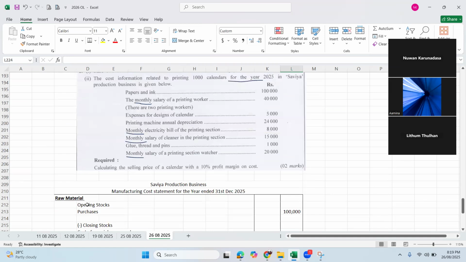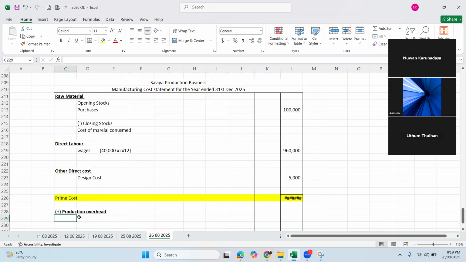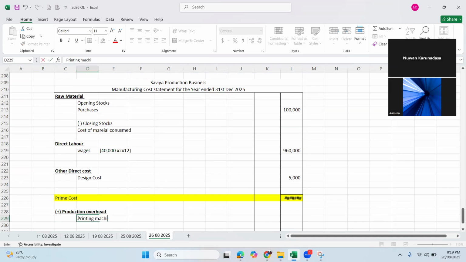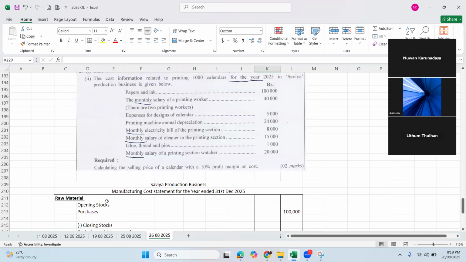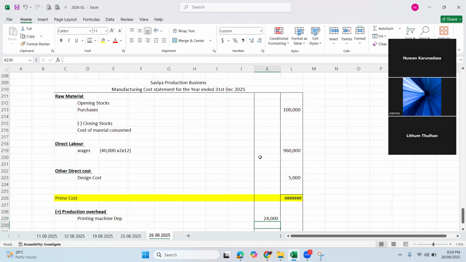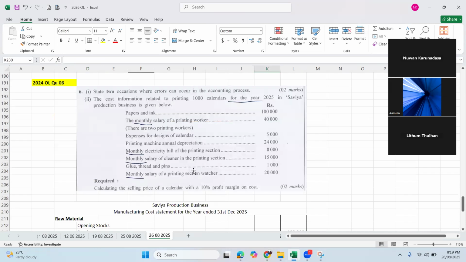Printing machine annual depreciation here, production overhead. Printing machine depreciation, annual depreciation 24,000. We do this for a year. Take it carefully. Therefore, if anything is given monthly, you must multiply by 12, or else take it directly.